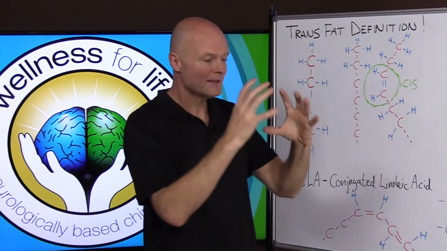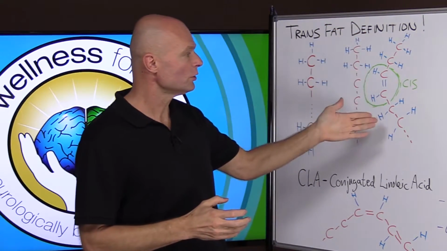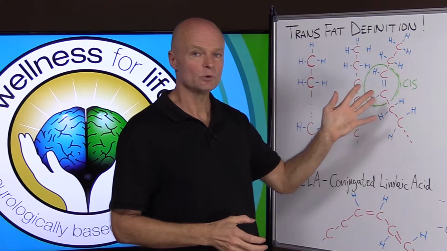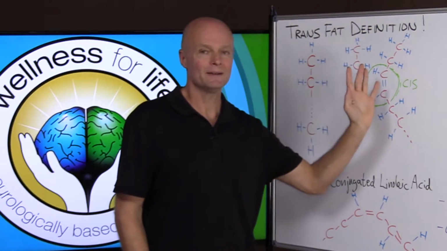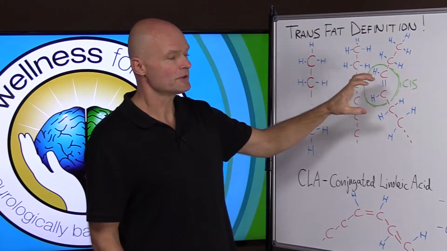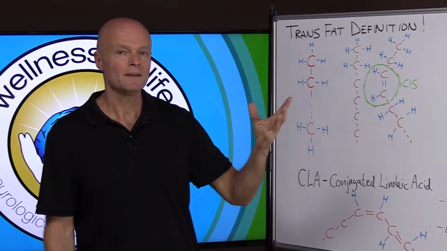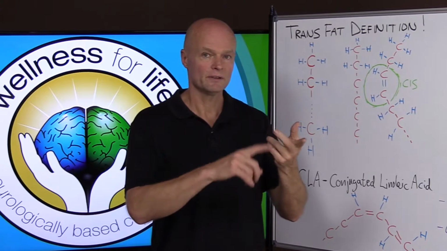And when they're bent, they don't pack so tightly together, and this is what makes an oil or a liquid at room temperature. So these things have low melting temperatures, and if they have multiple double bonds, so they're polyunsaturated, they can even stay liquid in the freezer sometimes, like fish oil and flax oil.